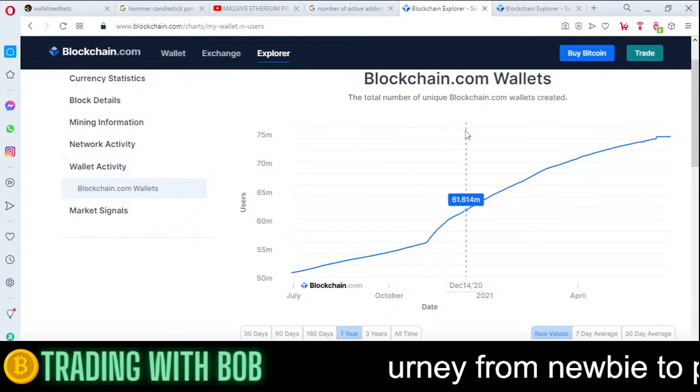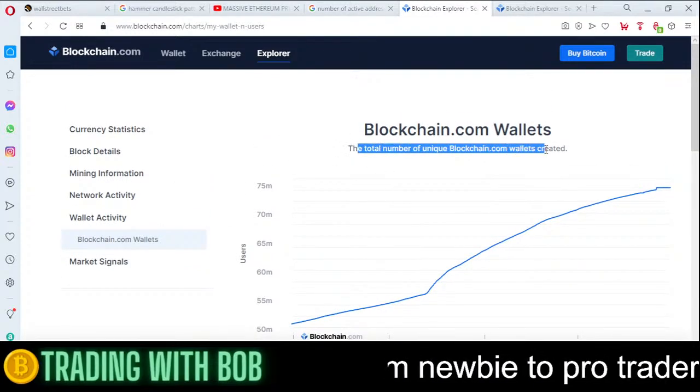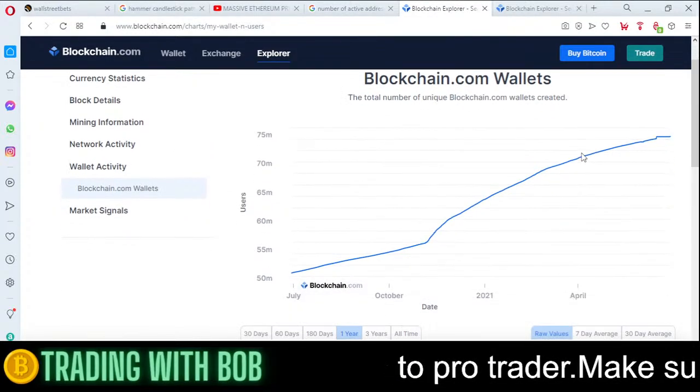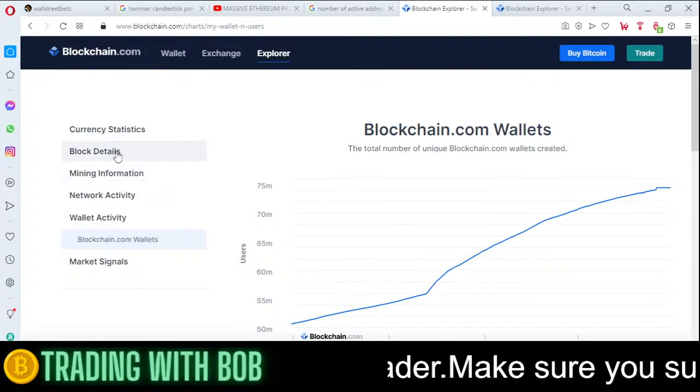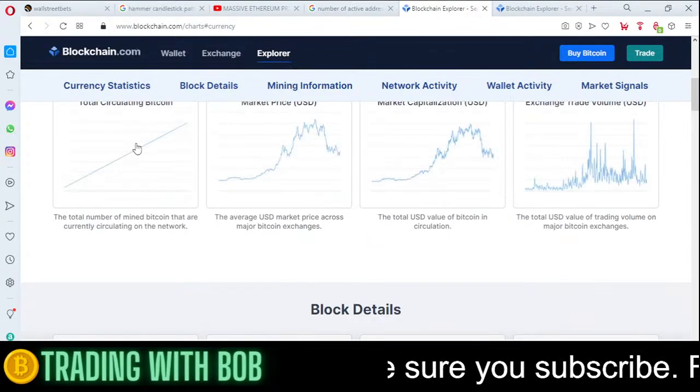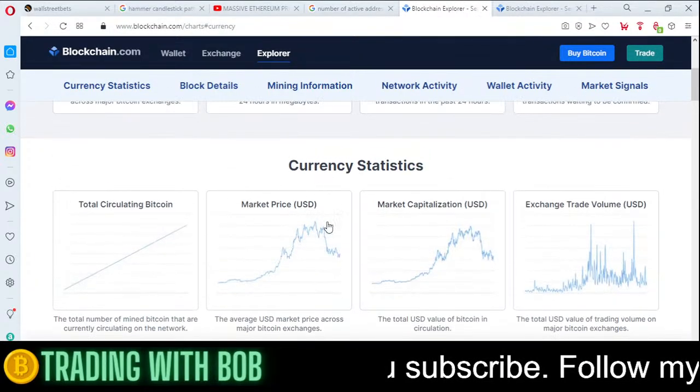Wallet activity. Okay, the number of unique blocks. Oh no, this is created. We need to find block currency statistics, market price, total market.